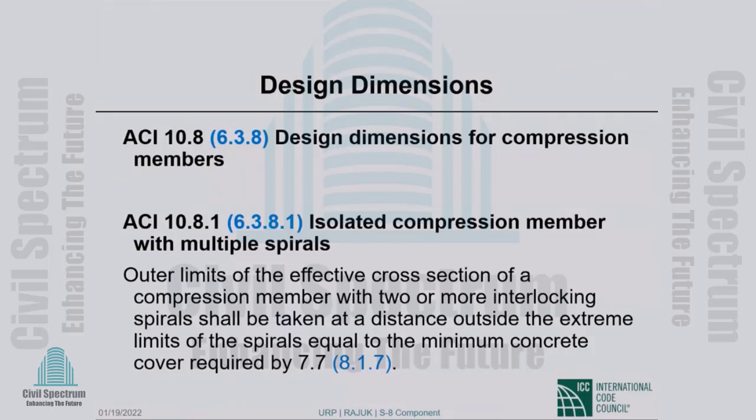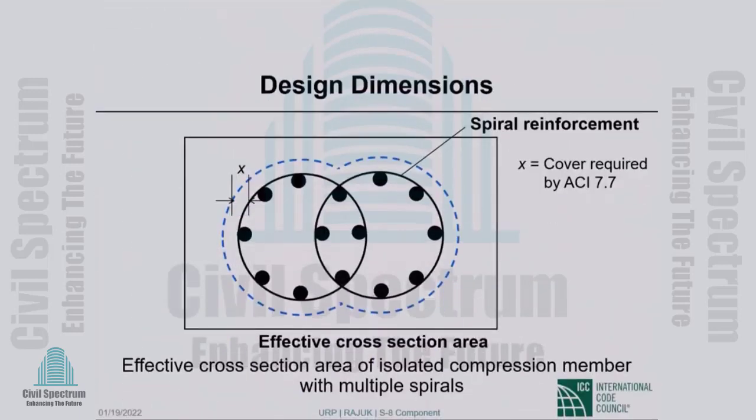Okay, design dimensions of compression members. Here, instead of reading a couple of things, if you have this kind of a column, I don't know how often you might have that. The effective cross-section can be taken as the one drawn in blue.